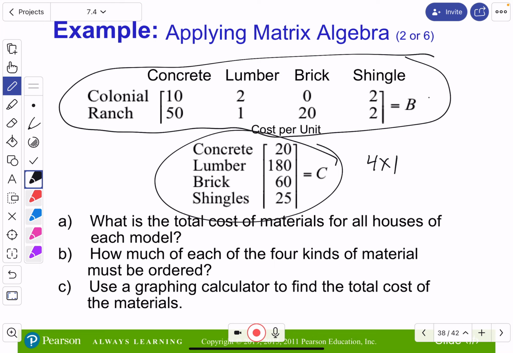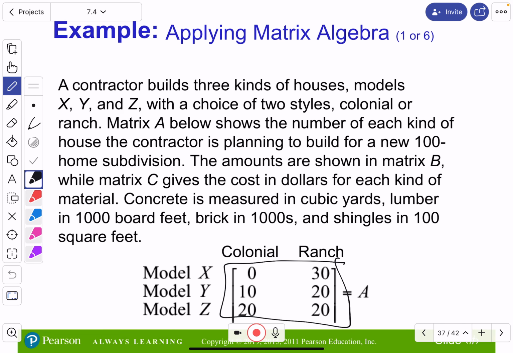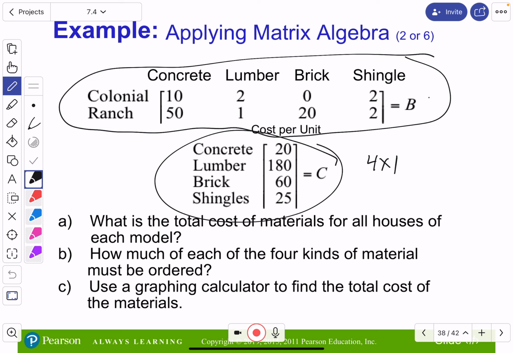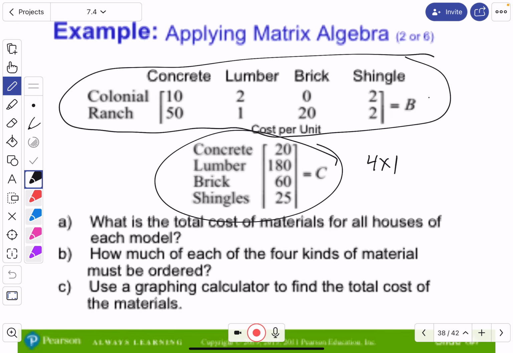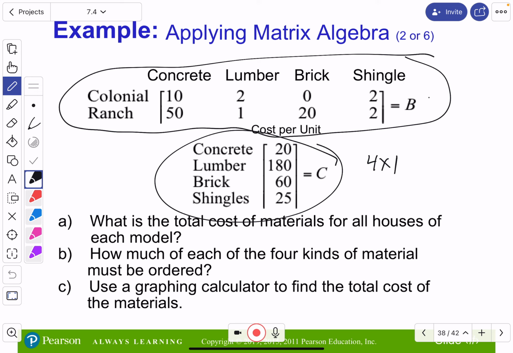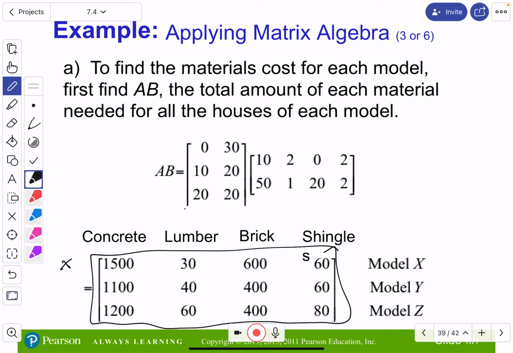What is the total cost of materials for all of the houses of each model? So first, we have to multiply the number of models we're making times the number of materials to figure out what we're getting. So we would do A times B. You put that in the calculator and you'll get this answer, which means for model X, you need that.